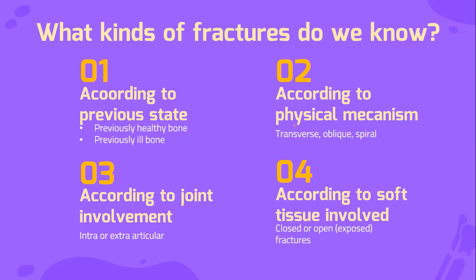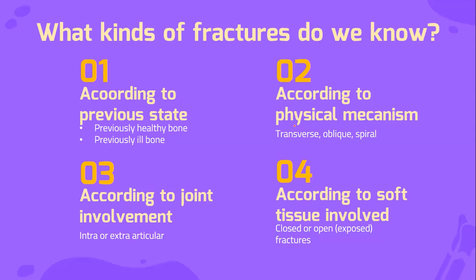Can anybody tell me what a pathological fracture is? It is when the fracture is caused by a previous disease. Okay, could you give me an example of any disease that might be related to it? Maybe cancer.